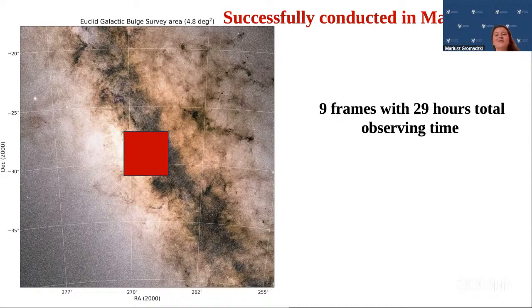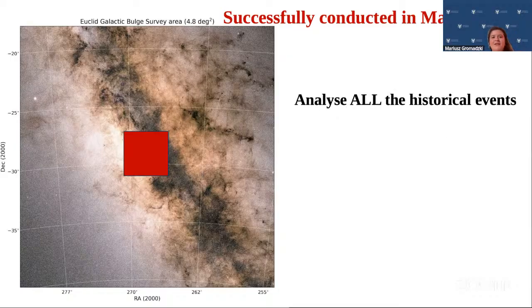So for now, we have 9 frames with a total 29 hours observation time with Euclid. Our plan is to analyze all the historical events, so events that have already been observed with ground-based observations. And this means exoplanets, free-floating planets, black hole candidates, binaries, everything.